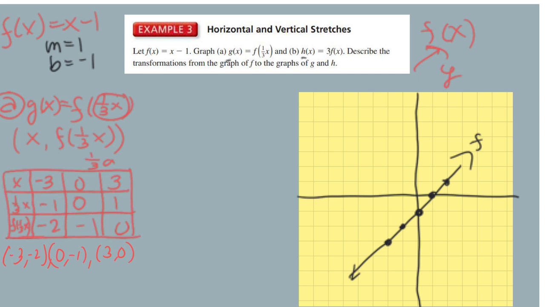If I was to plug in these numbers, we have -3, -2, 0, -1, we're meeting here, and finally 3, 0.